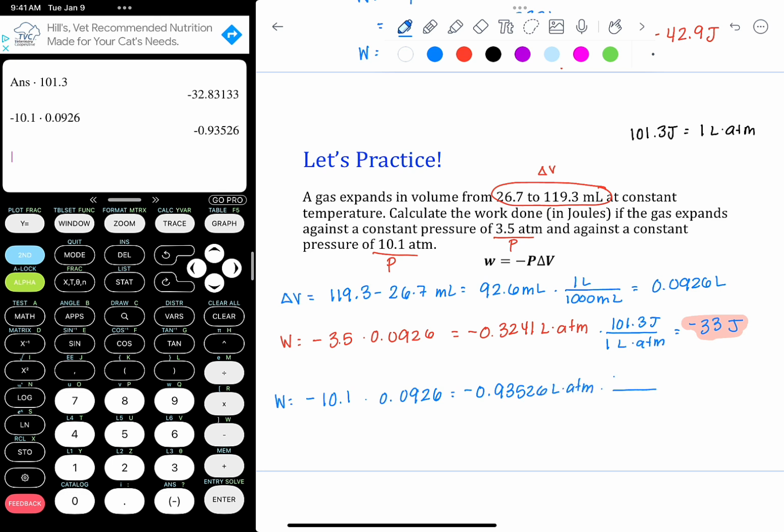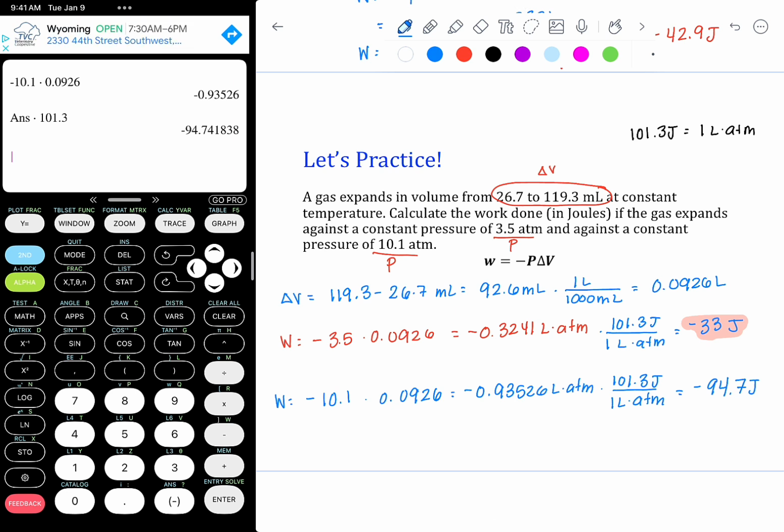Again, I'll multiply by 101.3 in order to get units of joules and cancel out my liters atm. So we'll multiply that by 101.3 and we get negative 94.7 joules. This one has 3 sig figs because of the 10.1.